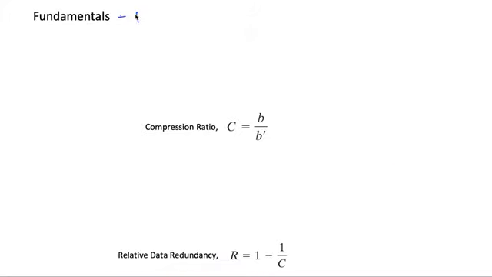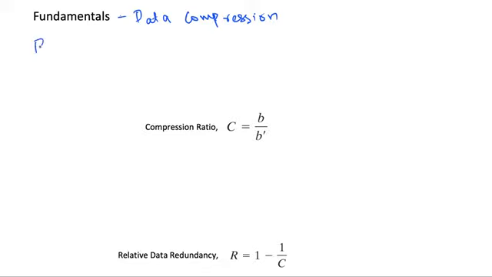Now we will look at the fundamentals of data compression, which is applicable for image compression or audio compression or compression of any signal. First of all, we need to look at what data compression is.